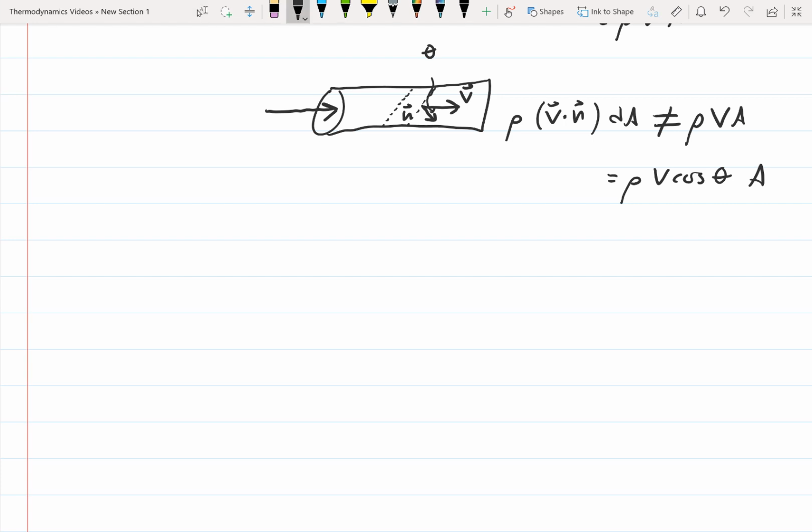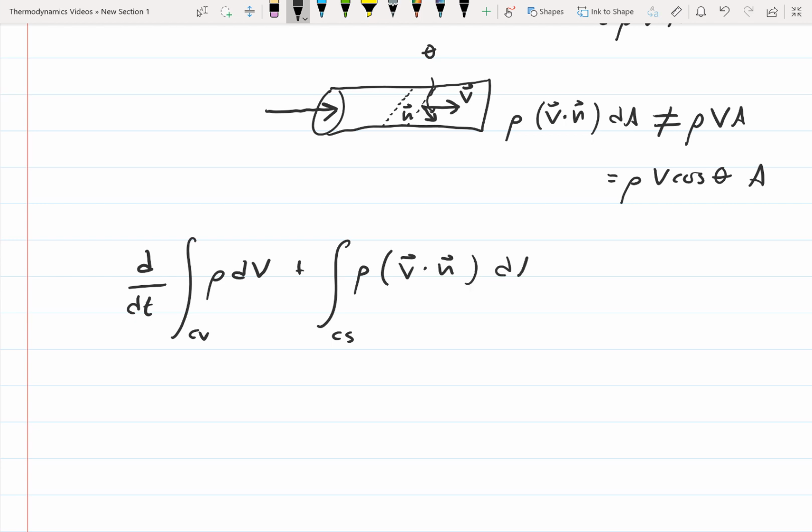Basically we have d/dt of the integral over the control volume of rho dV, plus, so remember this first term represents how the mass changes in the control volume with time, and the second term sums all of the mass flow in or out of the control volume. So this is the integral of rho v dot n dA, and it is equal to 0.